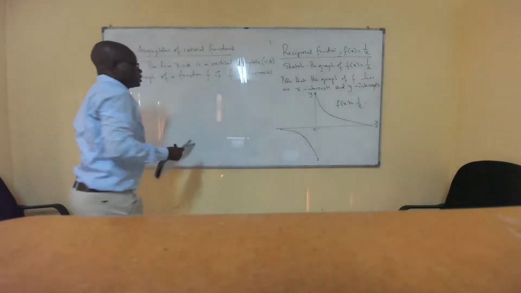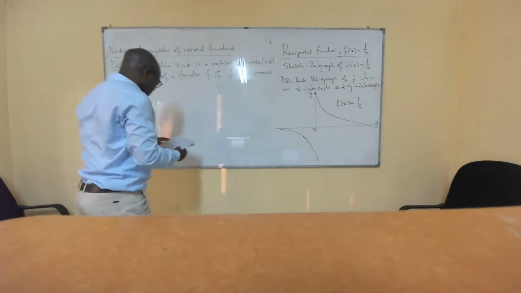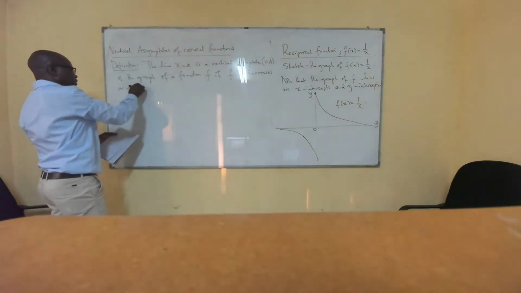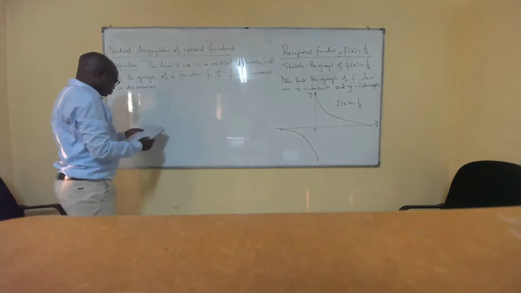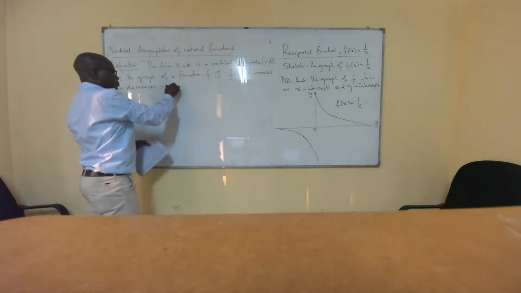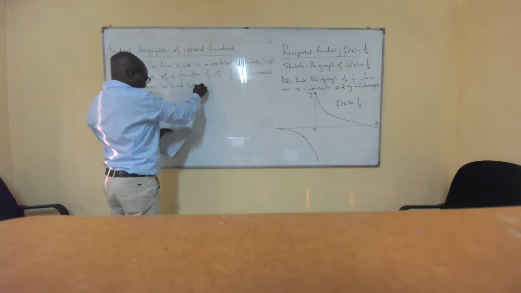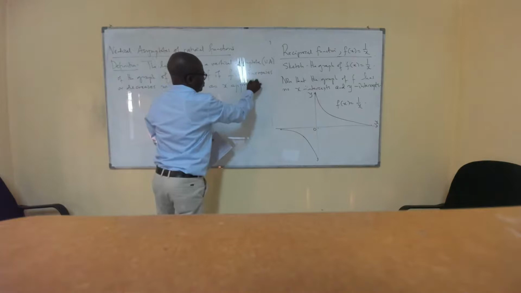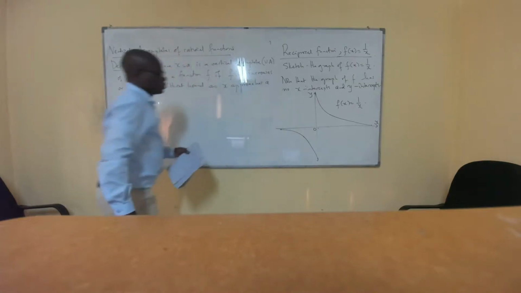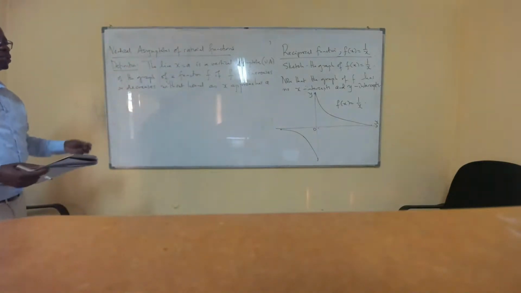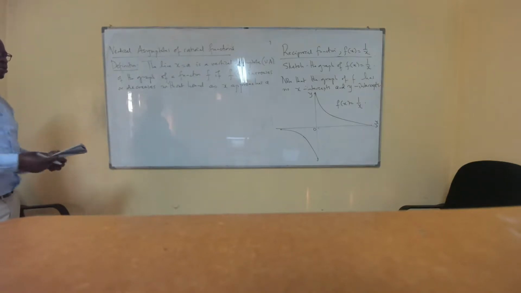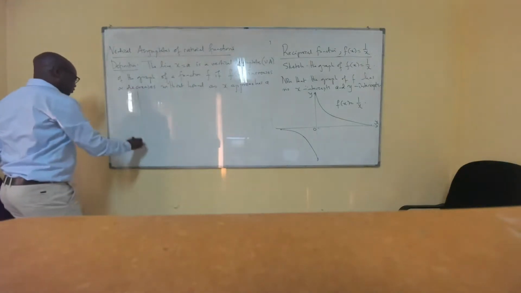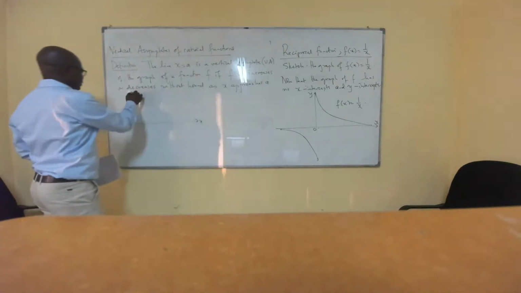So it means the values that the function f assigns to x increase or decrease without bound as x approaches a. Approaching a can be either from the left or from the right. So we have, this is your x, this is your y.